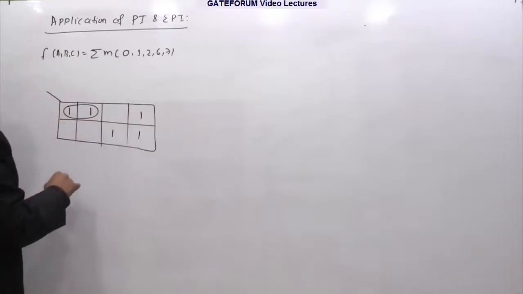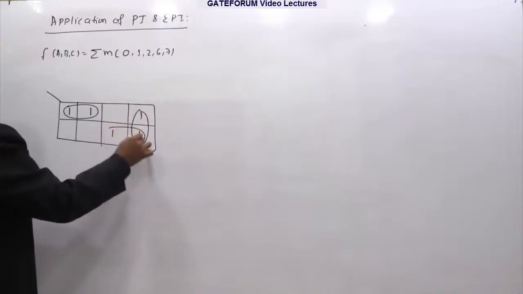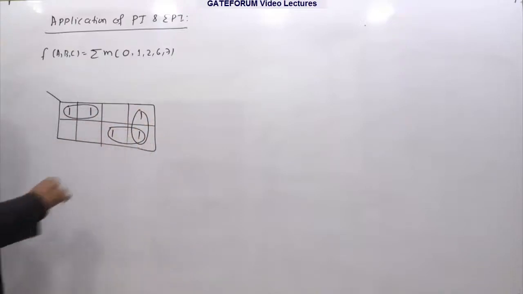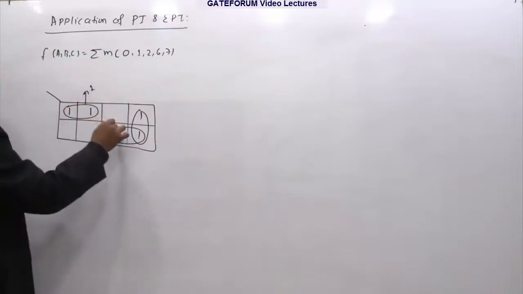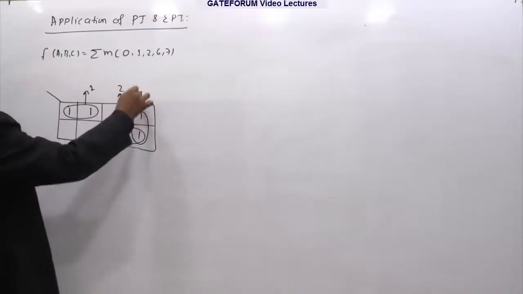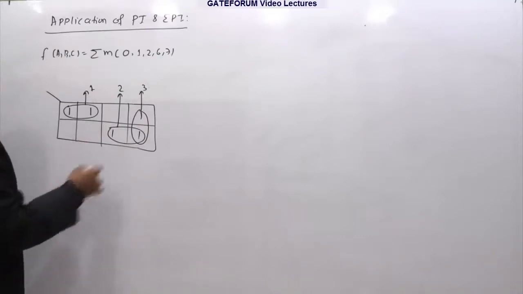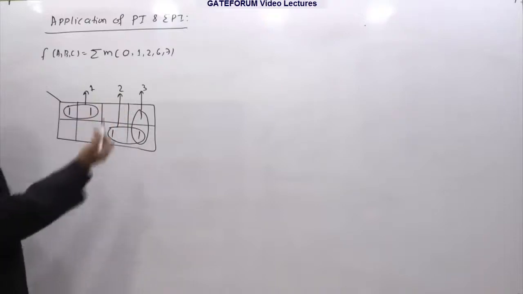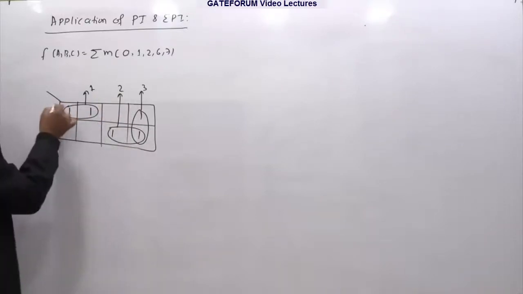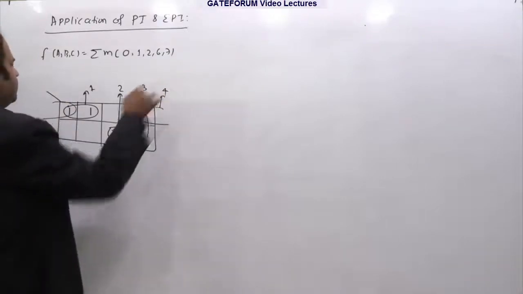Now I'll do the groupings like this, and like this, and like this. This is one of the possibilities. Let's say this is group number 1, this is group number 2, and this is group number 3. Otherwise, instead of group 3, I can take this side one as group number 4.